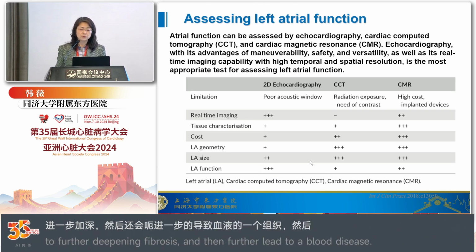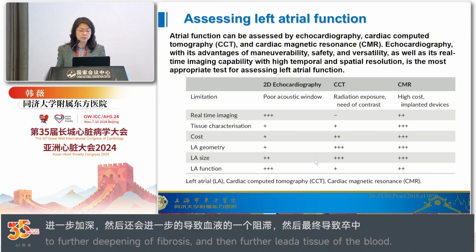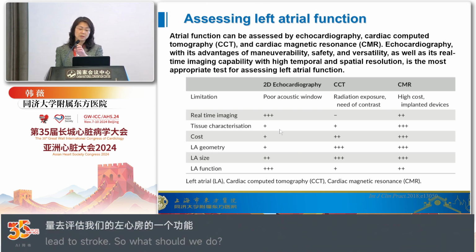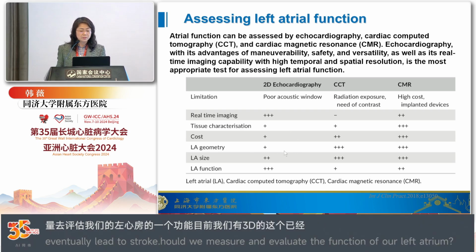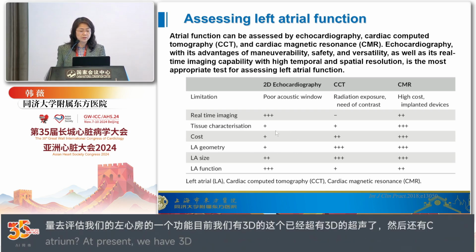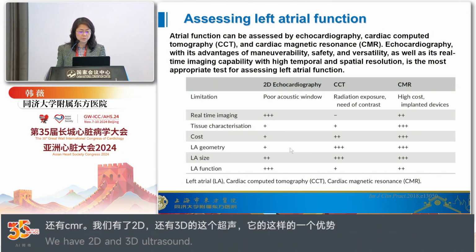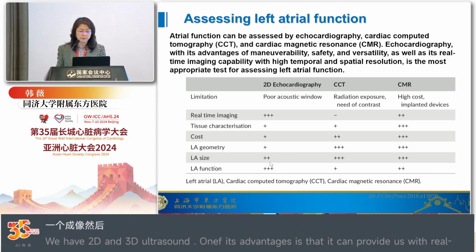And how to assess the left atrium function? There are several methods, like 2D or 3D echo, cardiac CT and cardiac MR. With 2D or 3D echo, there is the advantage of real-time imaging, and it can also assess the left atrium function in real time.